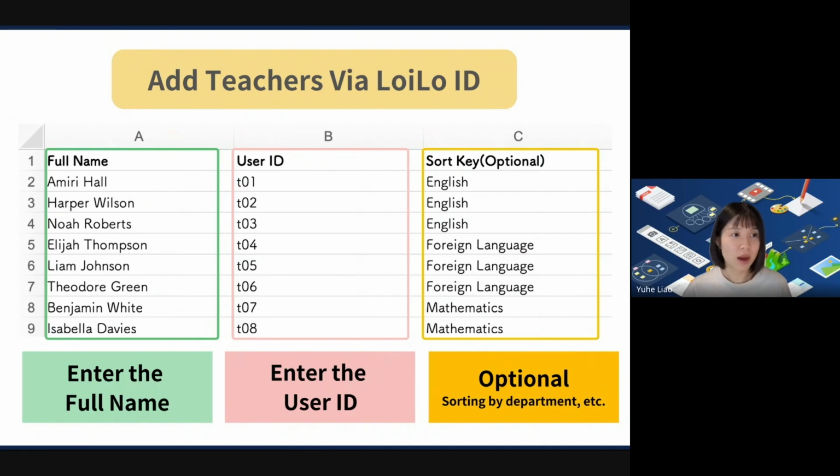Whatever full name, to save some time, I will just write it up. User ID is, because we already have T01, so we would start with T02. And then short key is optional, but if you want to put it in, you can insert things you want to. Okay, T02 is also English.